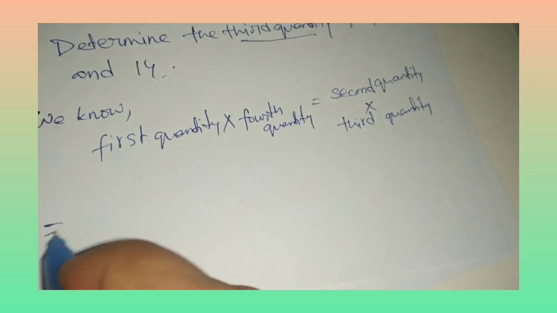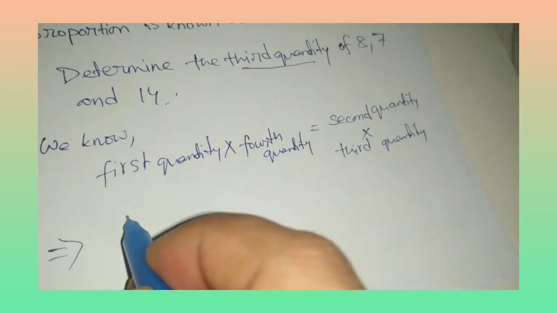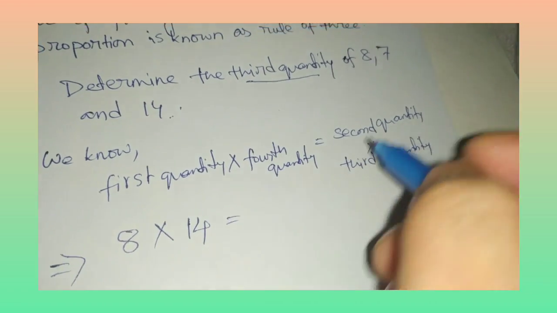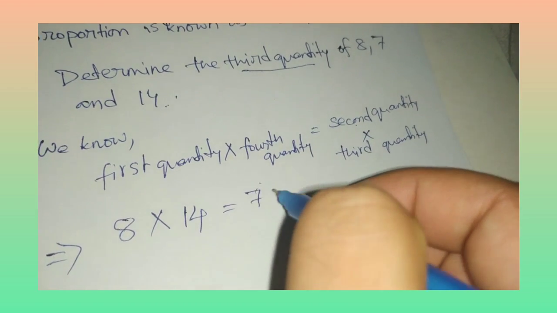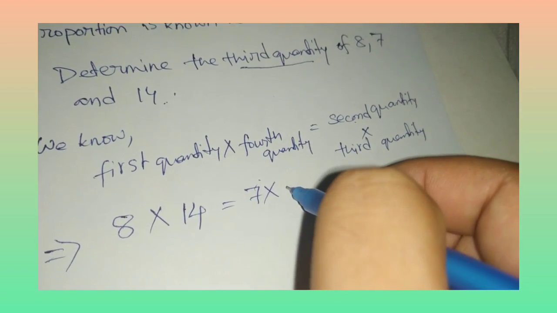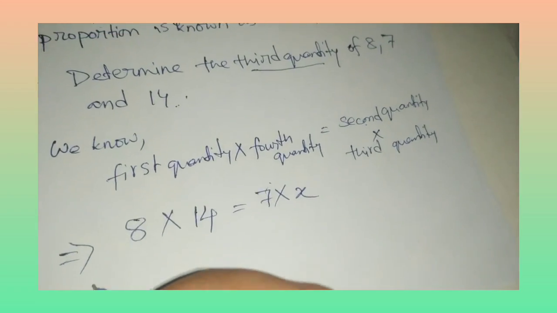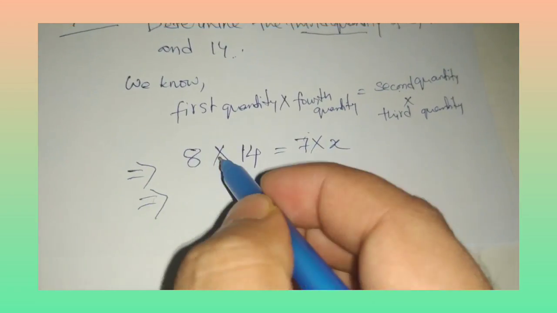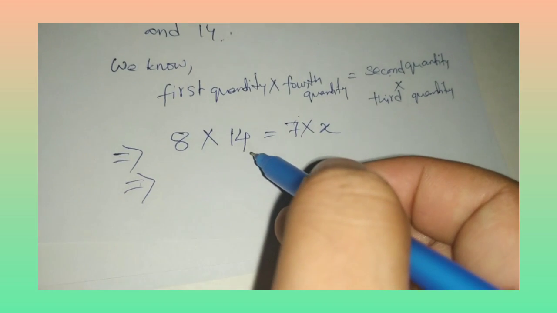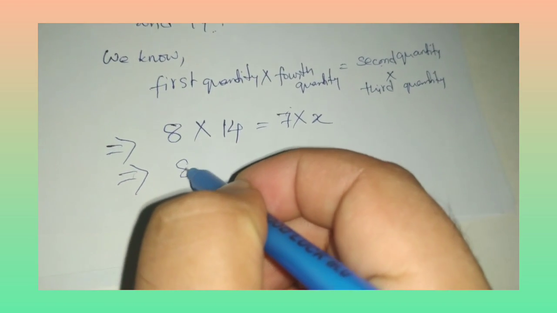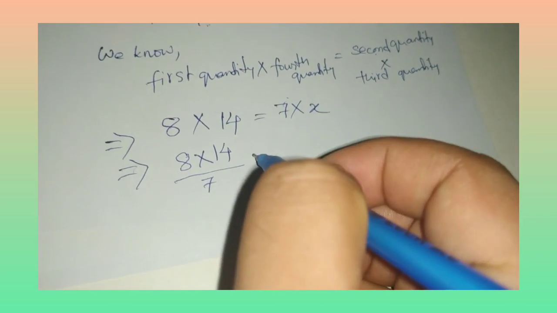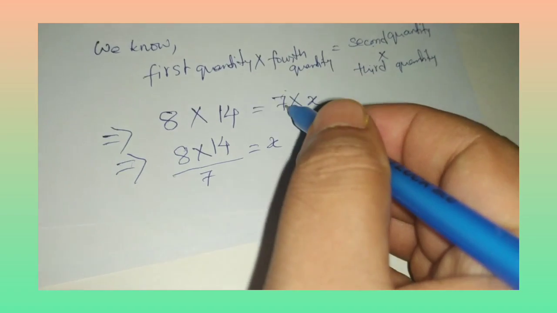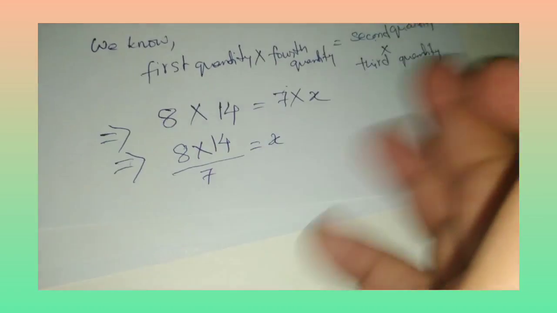So first quantity is 8, so 8 into fourth quantity, which is 14, equals second quantity, which I know is 7, into third quantity, which I don't know, so I write it as x. We don't necessarily need to multiply, we just write 8 into 14 by 7 equals x, because we need to separate the x, right?